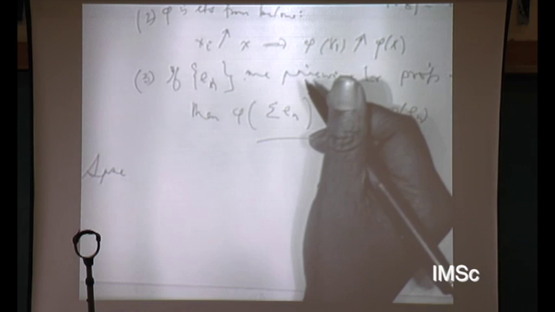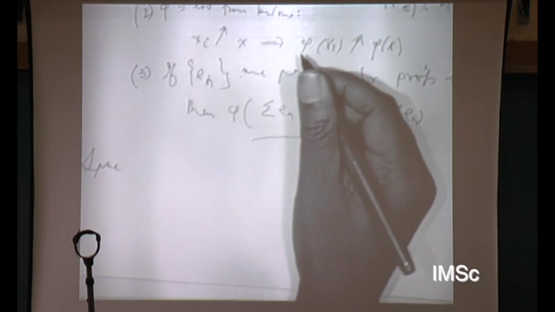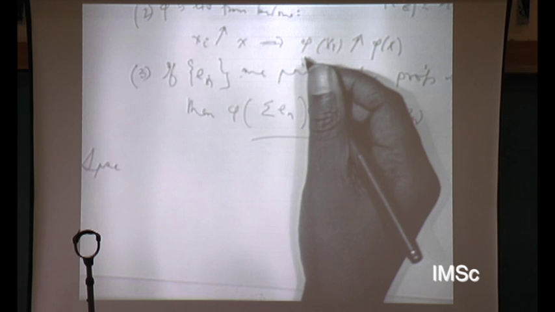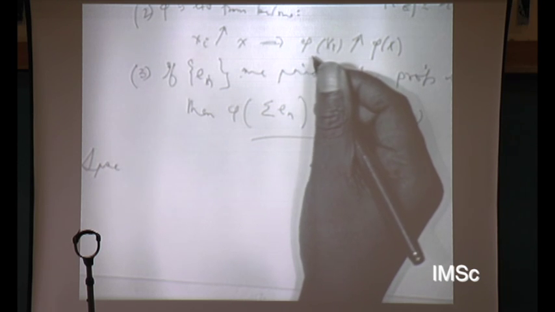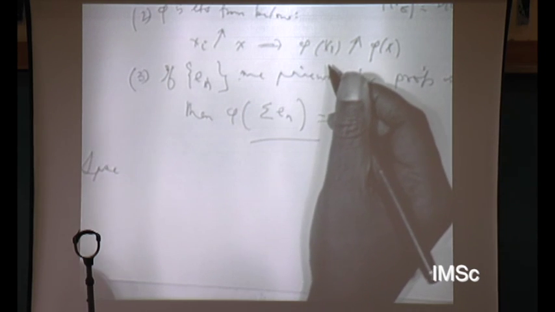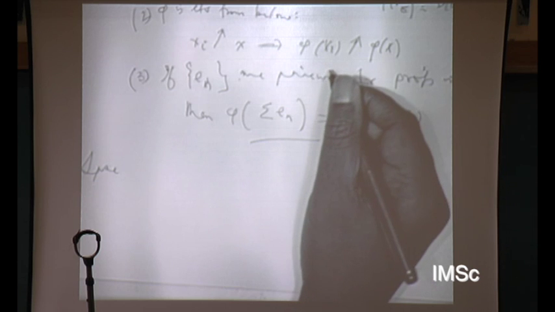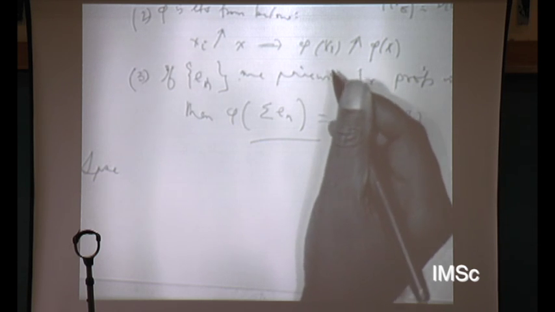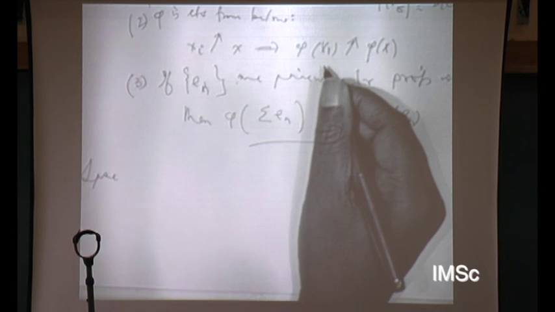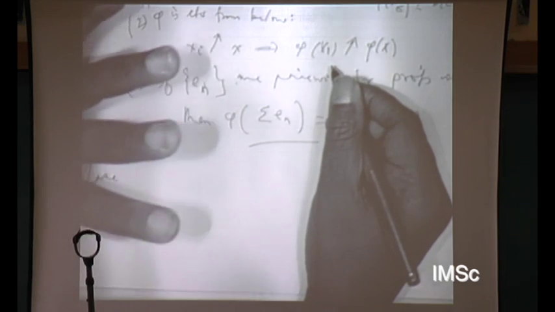So it must be a measure which is absolutely continuous with respect to mu. Only then will it make sense as a functional on L infinity. A function which is 0 mu almost everywhere must be sent to 0. Only measures which are absolutely continuous with respect to mu will give you functionals on L infinity of mu.